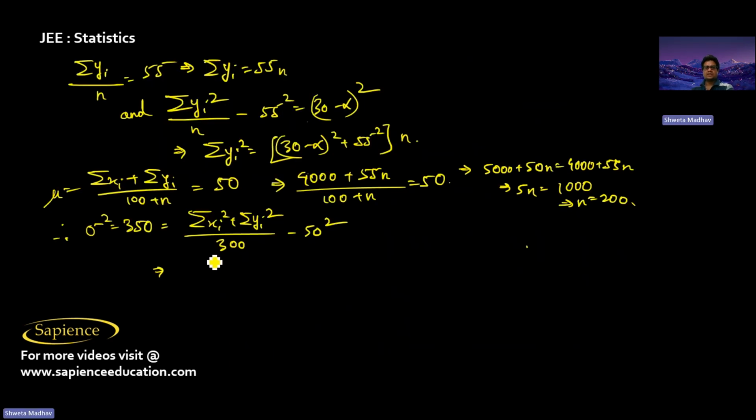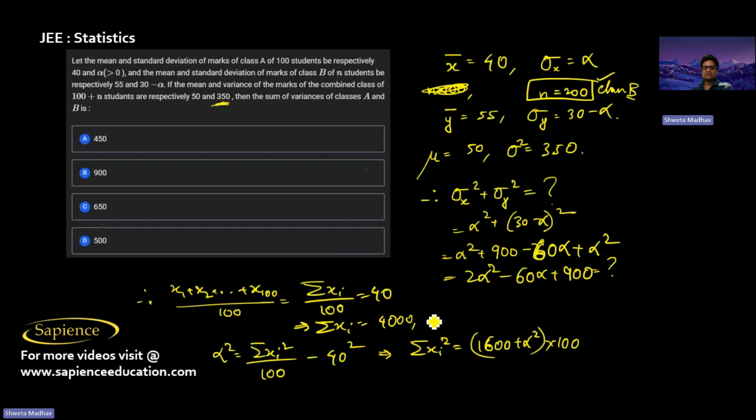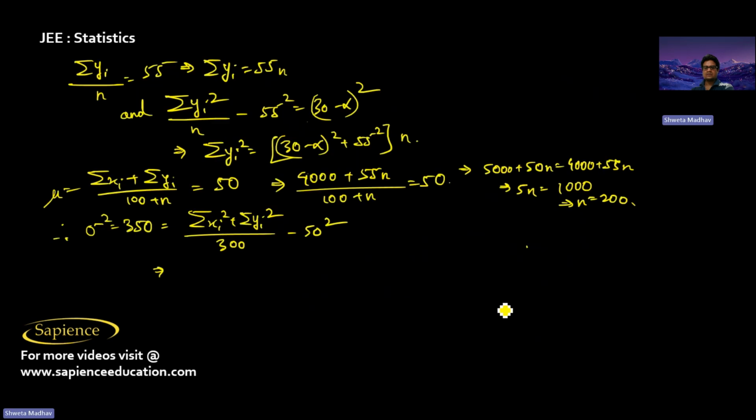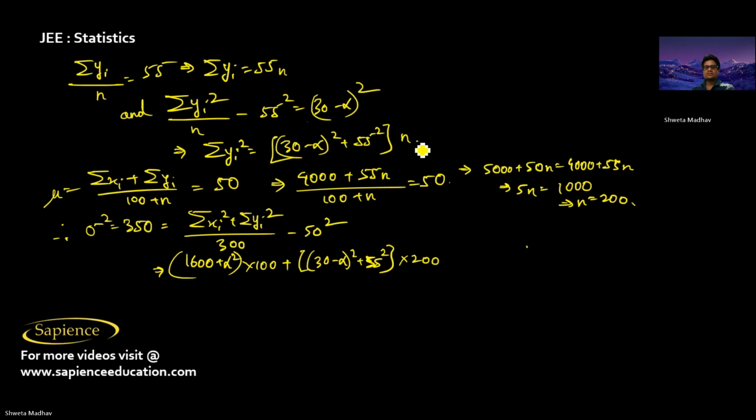So summation xi square that we have found, that is (1600 plus alpha square) into 100, plus (30 minus alpha) whole square plus 55 square into n, that is 200, divided by 300, is equal to 50 square, that is 2500, plus 350.